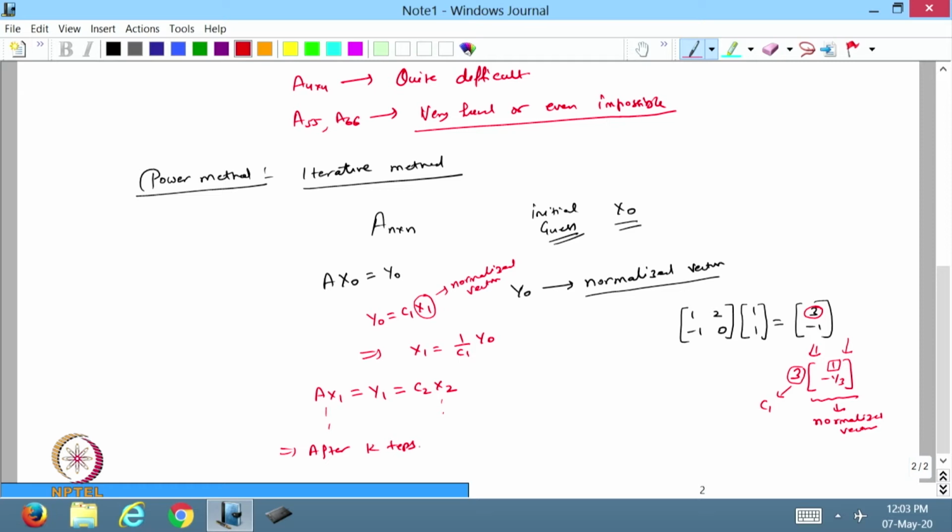After one step I get A x naught equals c1 x1, after 2 steps I get A x1, and after k steps I get A x k minus 1, which can be written as c k x k. You have to keep in mind that this is a normalized vector. This is also a normalized vector.